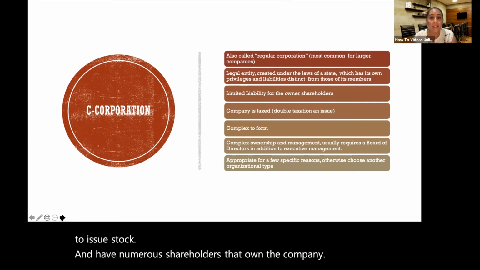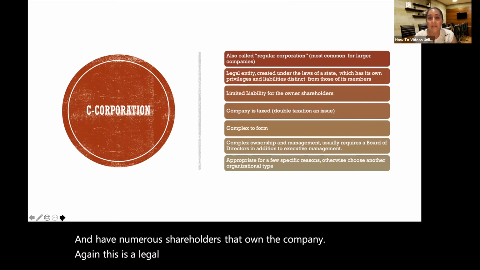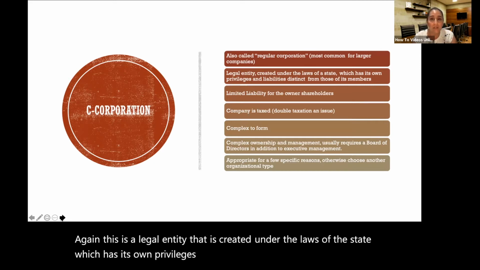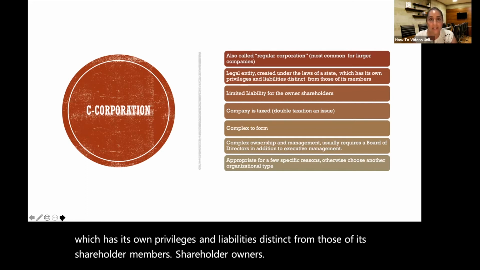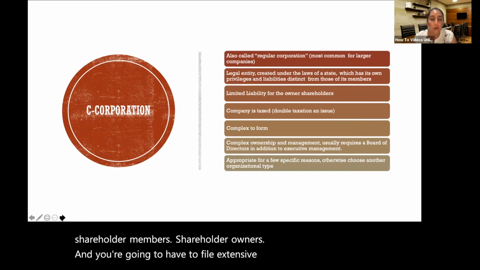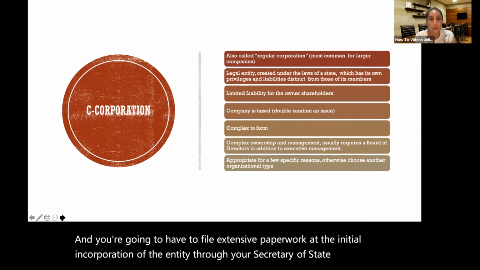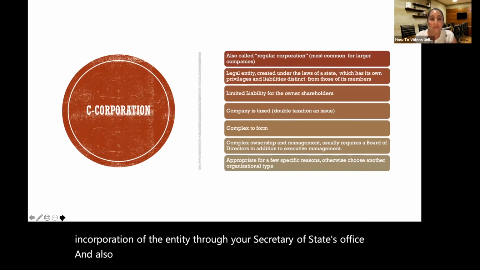Again, this is a legal entity that is created under the laws of the state, which has its own privileges and liabilities distinct from those of its shareholder owners. And you're going to have to file extensive paperwork at the initial incorporation of the entity through your Secretary of State's office and also annually with your state of incorporation.